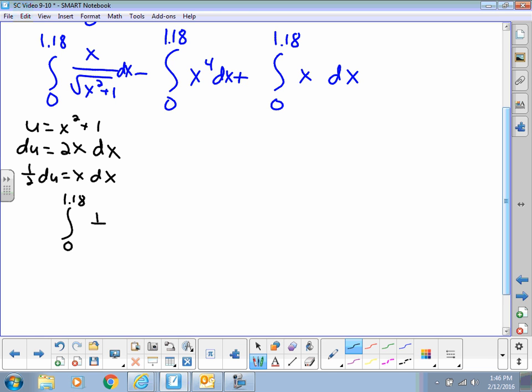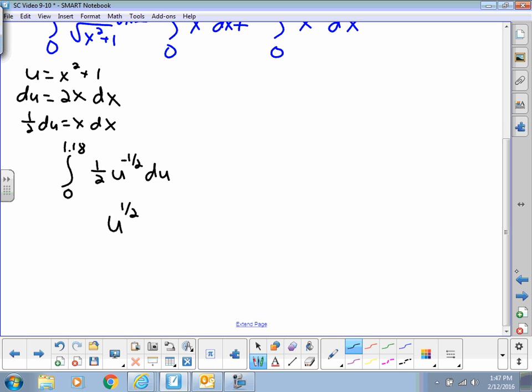We'll have 1/2 u to the minus 1/2, because we really had a square root of u on the bottom, and then du. Well, this will become u to the positive 1/2. When you divide by a half, it's like multiplying by 2. So 2 times a half, that wipes out. And then when we sub our u back in, we'll have x squared plus 1 to the 1/2 that needs to be evaluated from 0 to 1.18.